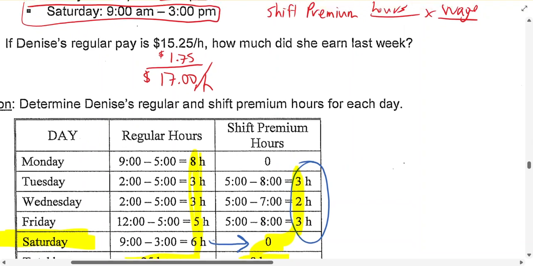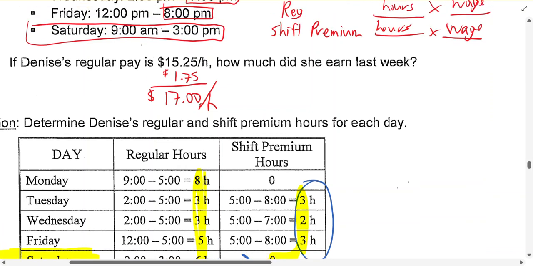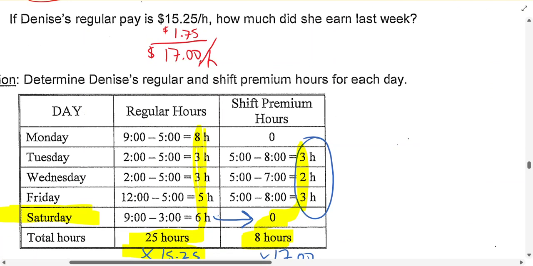Saturday all day is not regular time, it's shift premium time. So really this chart is messed up. They made a mistake here. This should be 6 hours of premium time.